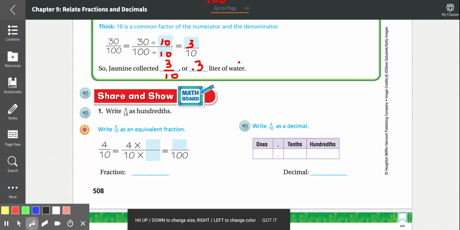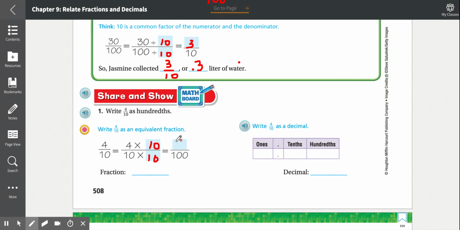We know that is 10. 10 times 10 is 100. Therefore, 4 times 10 is 40. So an equivalent fraction is 40/100.